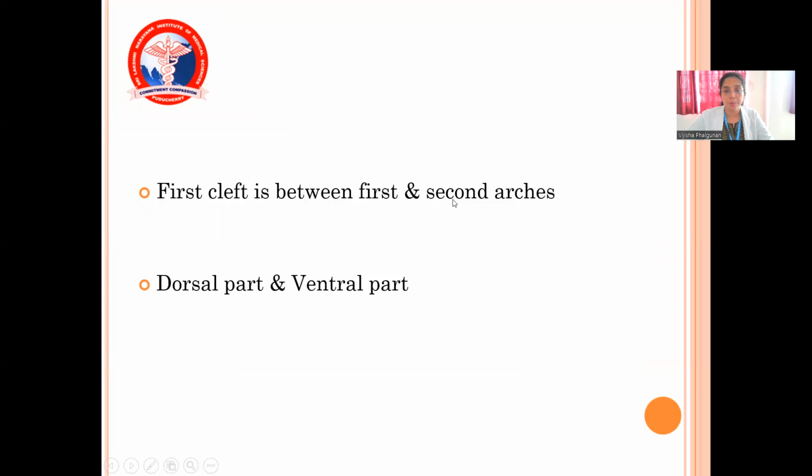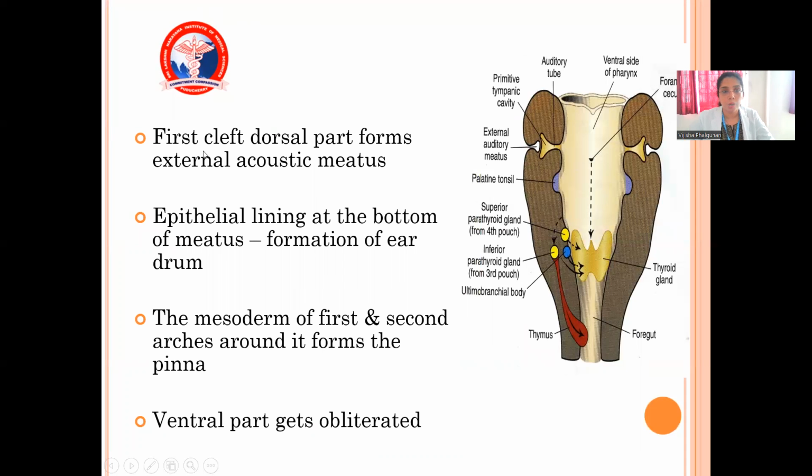The first cleft is between the first and the second arches. We will have 2 parts, the dorsal and ventral part. The first cleft, dorsal part, forms the external acoustic meatus. The epithelial lining at the bottom of the meatus will contribute to the formation of the eardrum, which will have contribution externally from the ectoderm and internally from the endoderm.